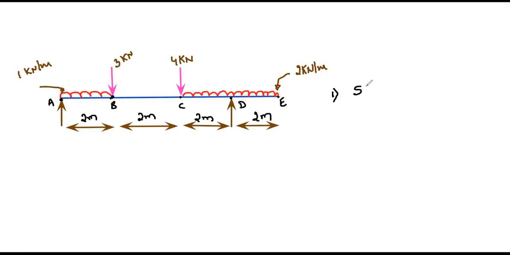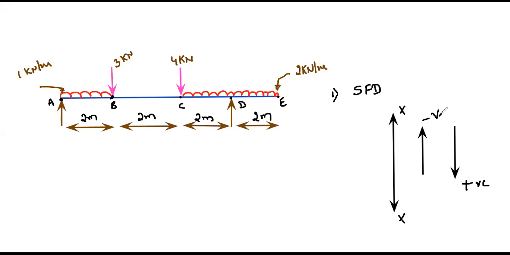For shear force diagram, if I am considering the forces from the right side, then the upward acting forces we treat as negative, and downward acting forces we treat as positive.